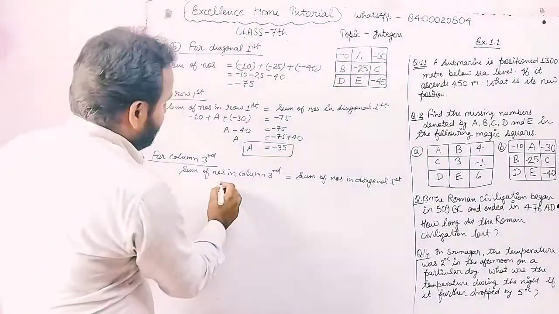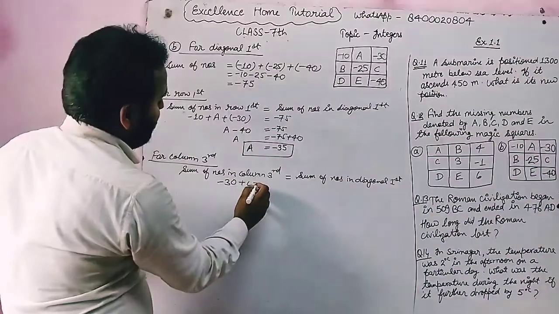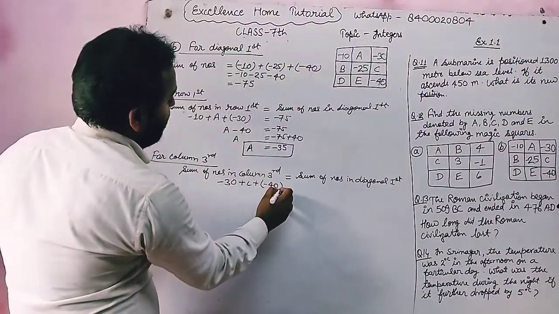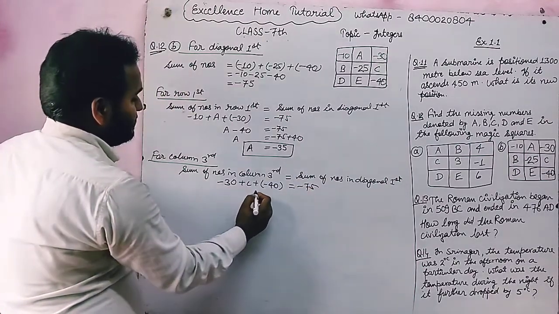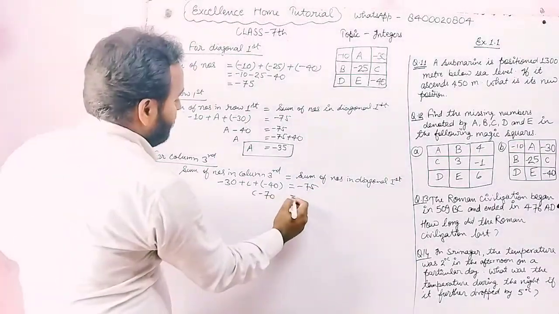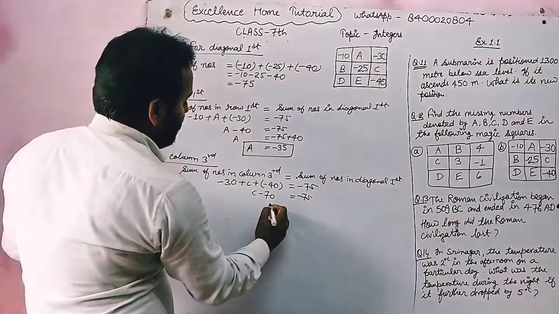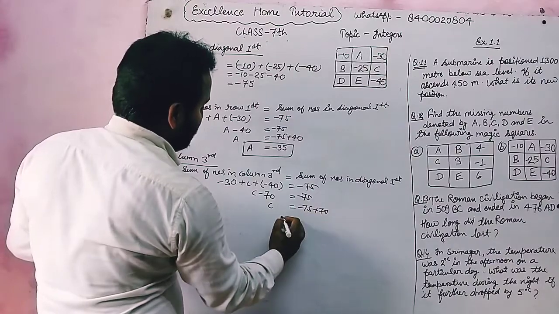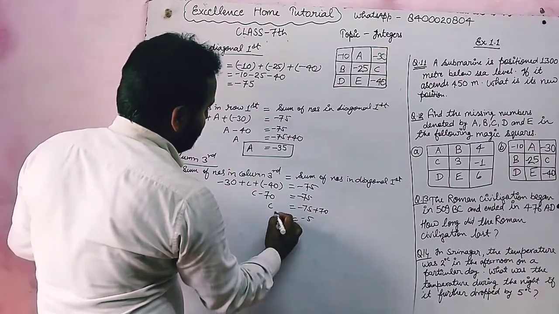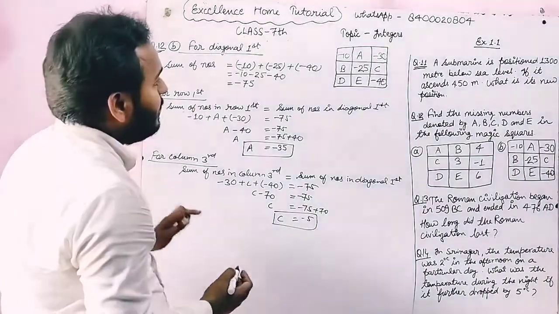Minus 30 plus C plus minus 40 is equal to minus 75, and this is C minus 70, and we have to transpose it to the right side. Minus 75 plus 70, so C is equal to minus 5. This is the second answer.